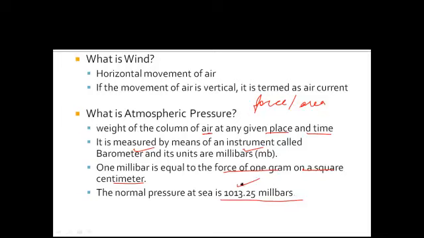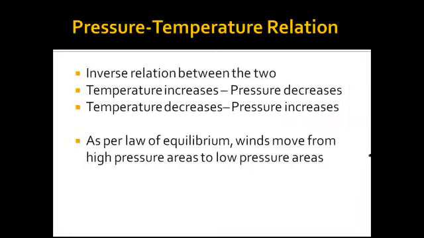It is equal to 1013.25 gram per square centimeter, or we can say approximately 1 kilogram per square centimeter. So this is the normal pressure at sea level, and it varies from place to place. It will be different over the landmass and different at sea level.